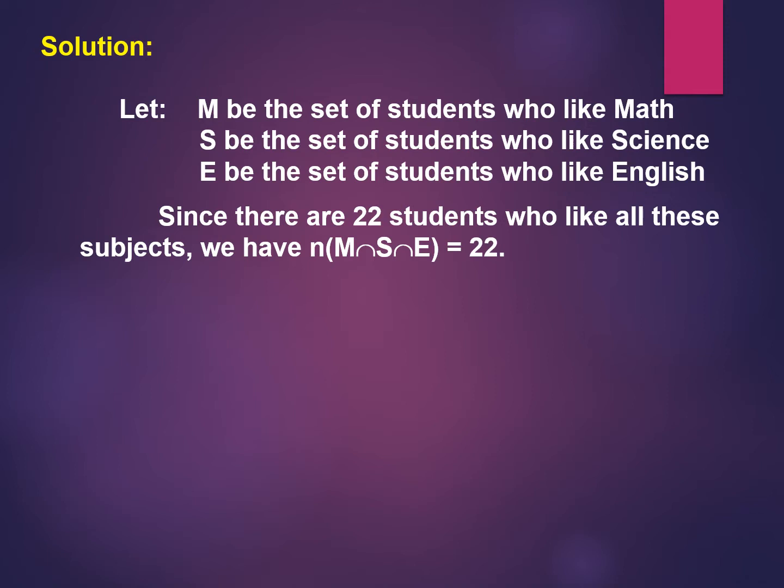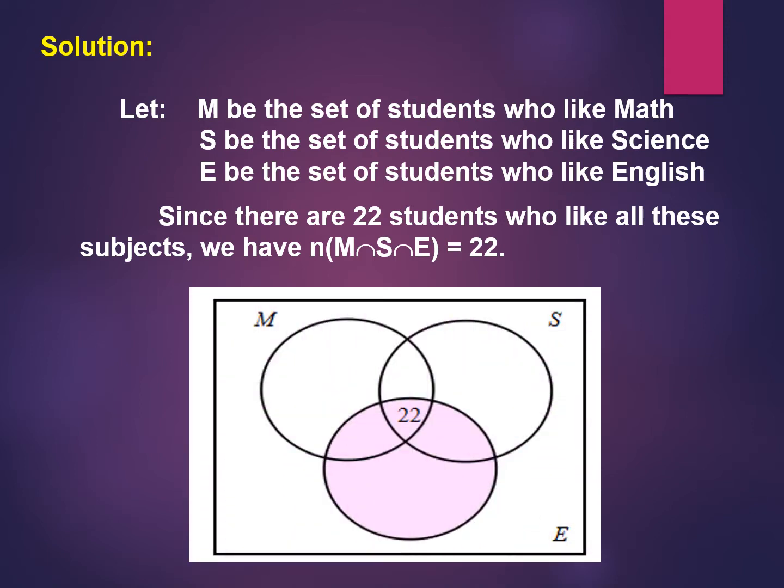Since there are 22 students who like all these subjects, we have the intersection of set M, set S, and set E is equal to 22. So this Venn diagram illustrates the given.